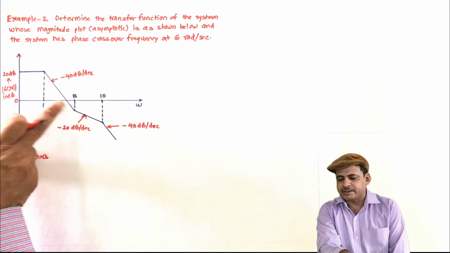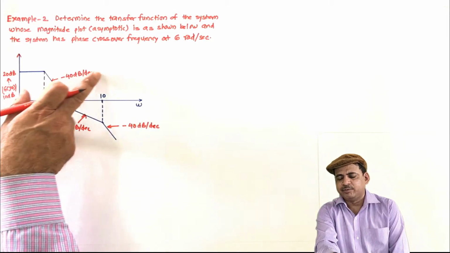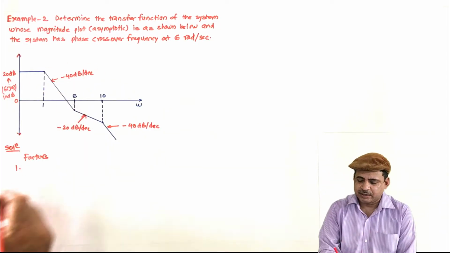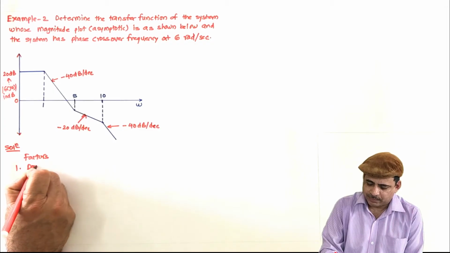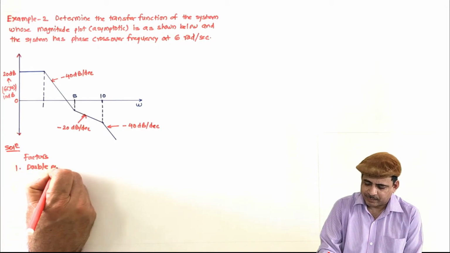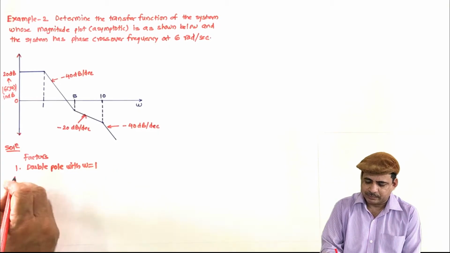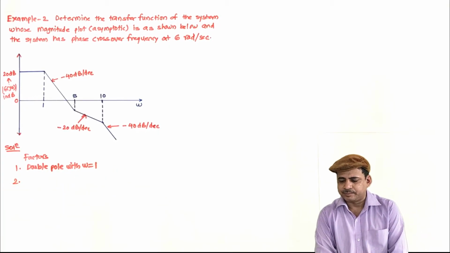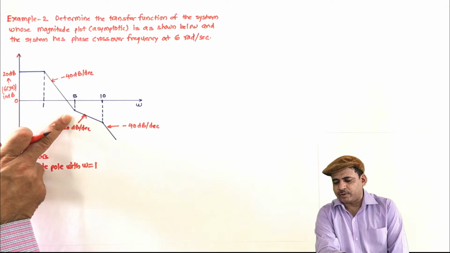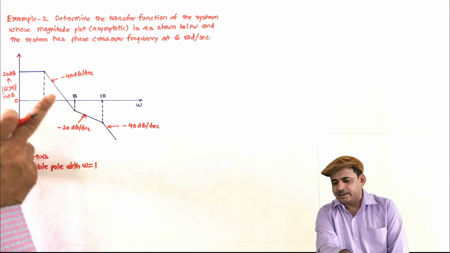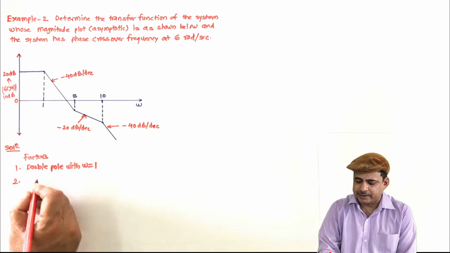There is a slope change at omega equal to 1, by 40 dB per decade. That means there are two poles, a double pole with omega equal to 1. Second, at omega equal to 5 the slope is changing from minus 40 to minus 20.